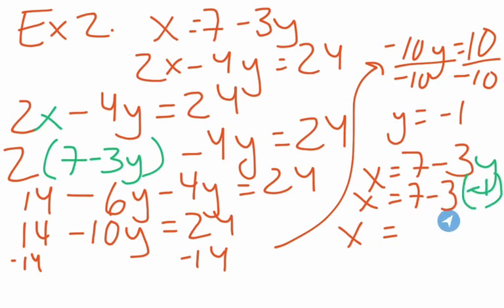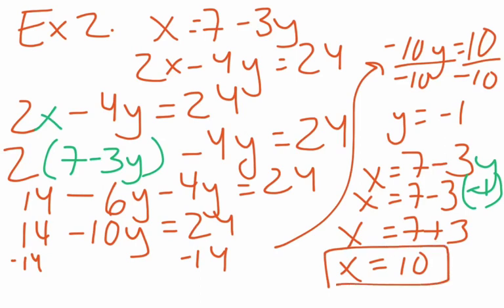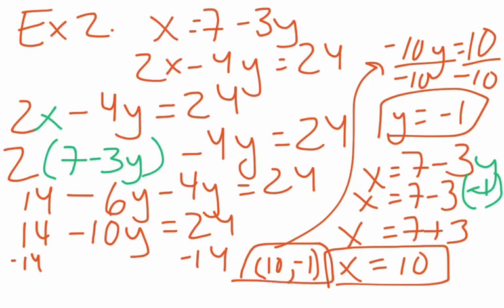So we do negative 3 times negative 1, which gives me positive 3. And then 7 plus 3 is 10. And there's my answer. And you can write it as an ordered pair. So you could write it as the point 10, negative 1 is also acceptable.